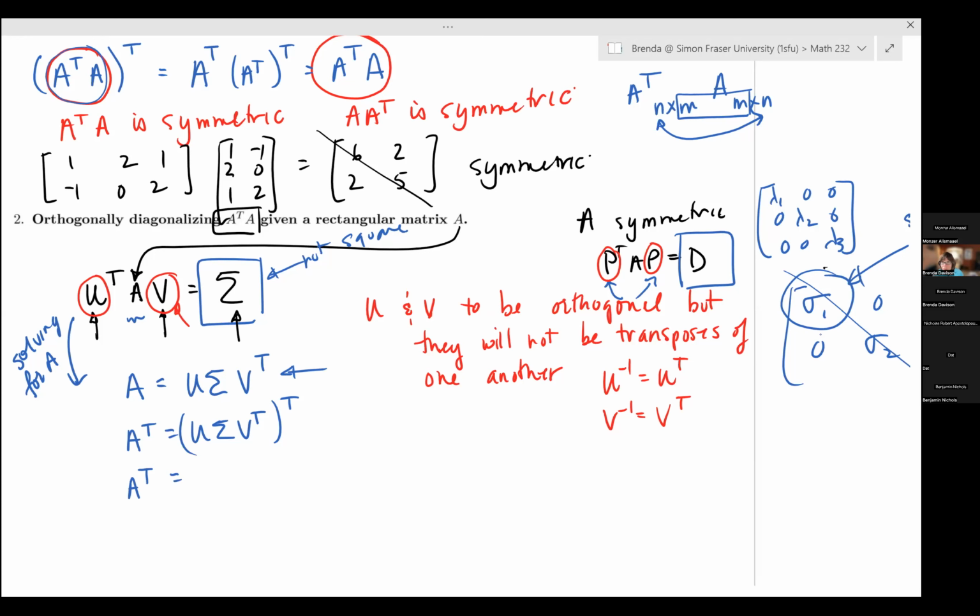So once I figure out how to find U, V, and sigma, I have decomposed A into three matrices, and A transpose also into three matrices. That is going to be our idea of what to do.